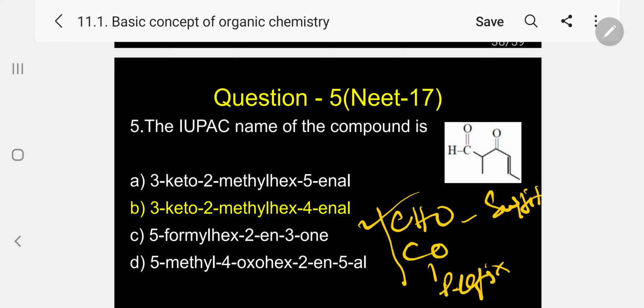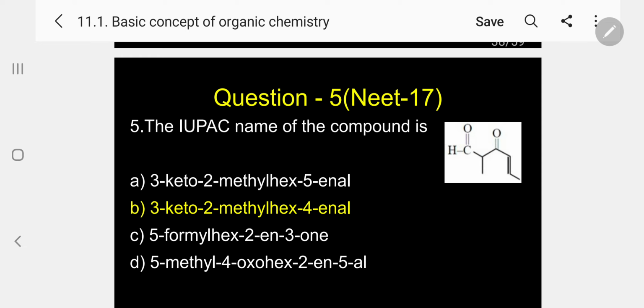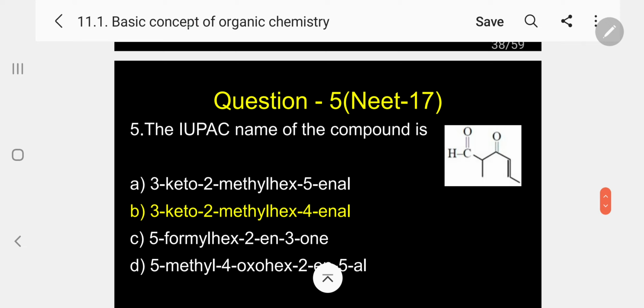So we have to select the longest chain containing all the functional groups. I am selecting the chain, kindly follow. Starting the chain here, it is going like this. So CHO is 1, this is 2, this is 3, this is 4, this is 5. CHO 1 carbon atom, then this is 2, then this is 3, keto at 3, this is the 2 methyl group.